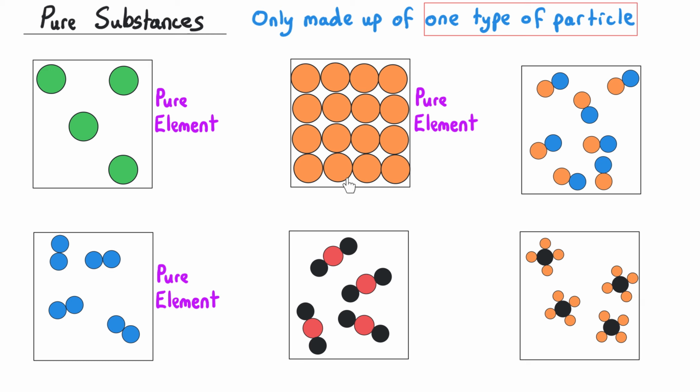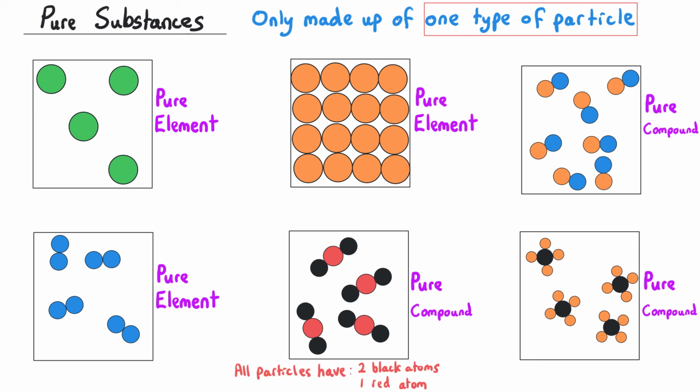All of the circles are the same colour, all of the particles are the same, and so these are 100% pure because there is only one type of substance. The remaining three examples are compounds, but in each example, all of the compounds are identical. This one at the bottom has got two of the atoms that are shown as being black and one atom shown as being red, but every single one of these compounds are the same.